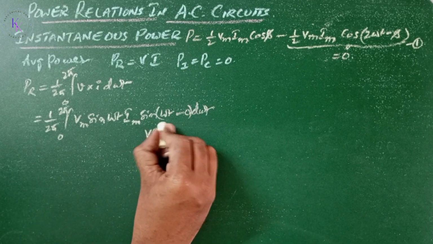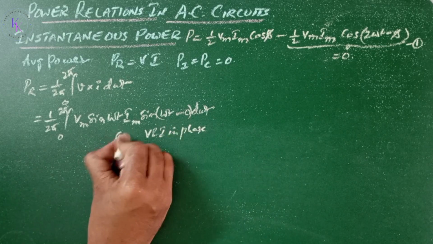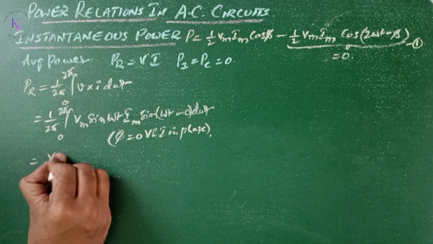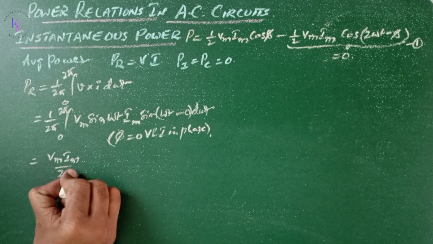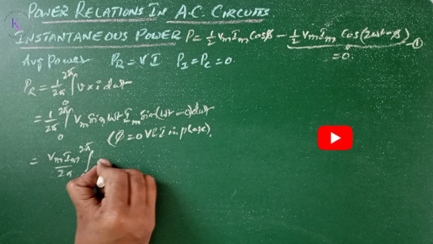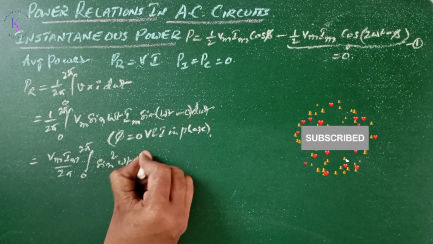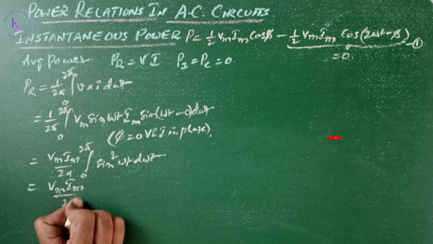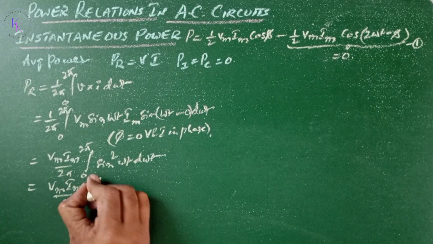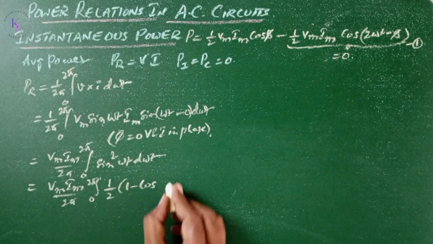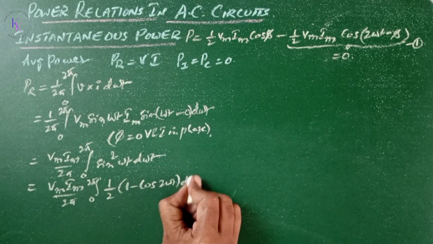V and I are in phase, so phi equals 0 in this case. That equals Vm Im by 2 pi integral 0 to 2 pi of sin squared omega t d omega t, that equals Vm Im by 2 pi integral 0 to 2 pi of 1 by 2 times (1 minus cos 2 omega t) d omega t.